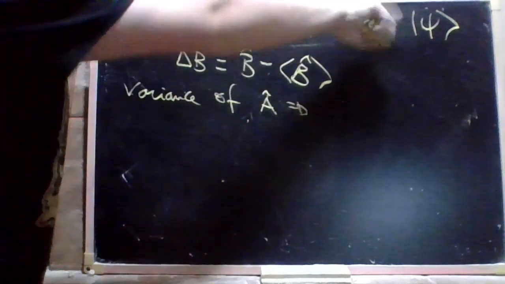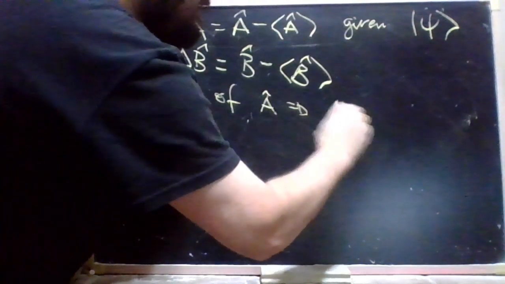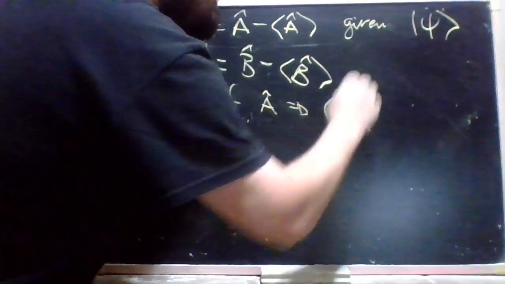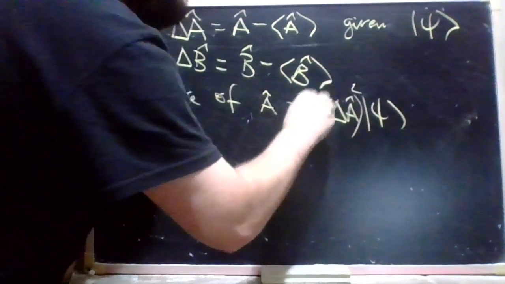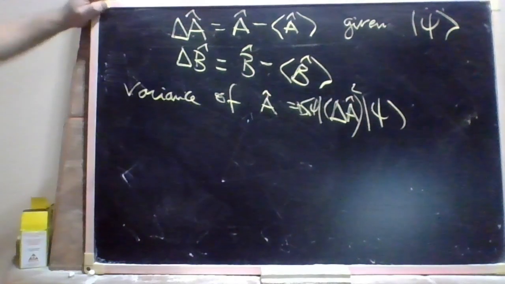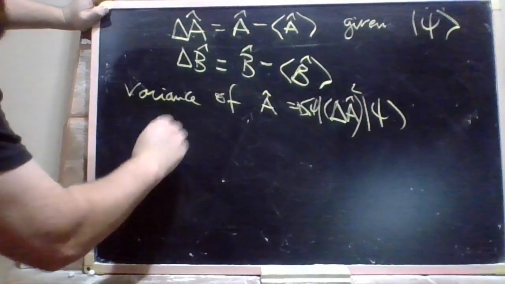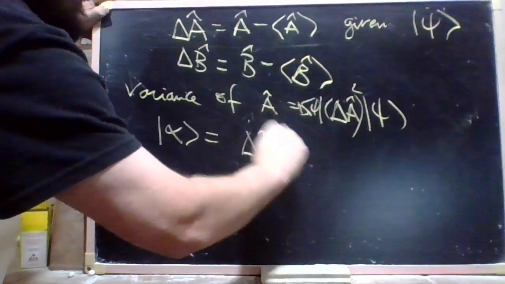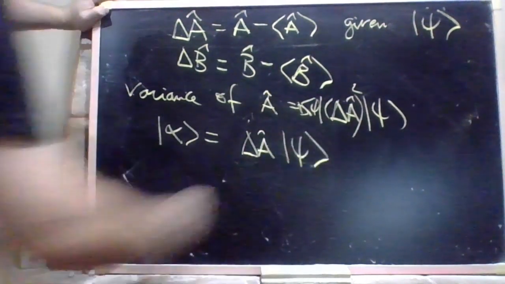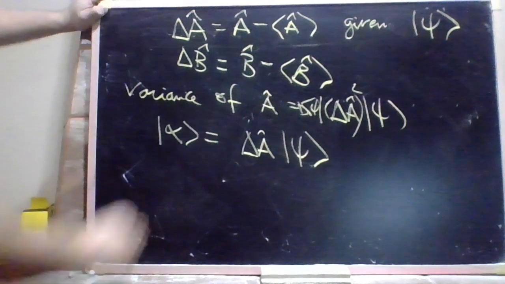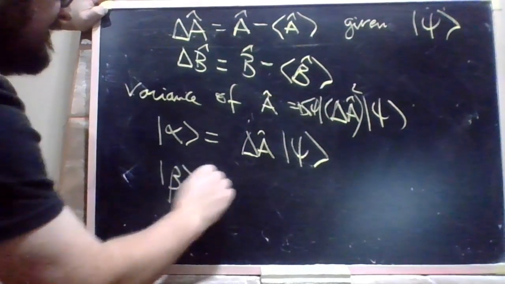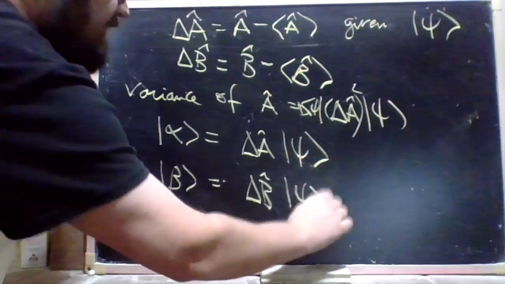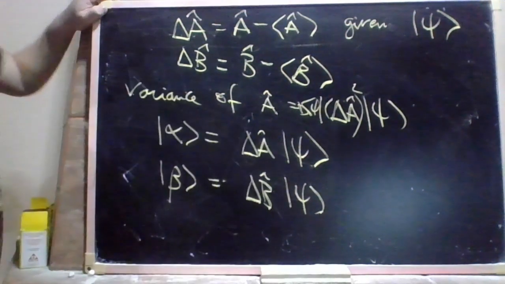Given the physical state, it's delta of A squared projected onto psi. So I can define the vector alpha to be delta of A multiplying psi. I can define beta to be delta of B multiplying psi, the physical state.